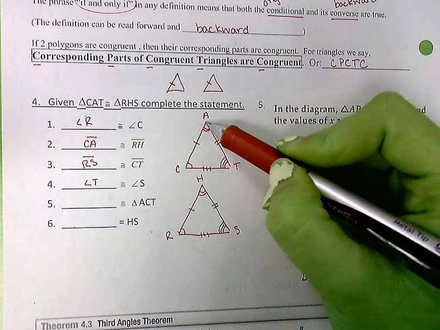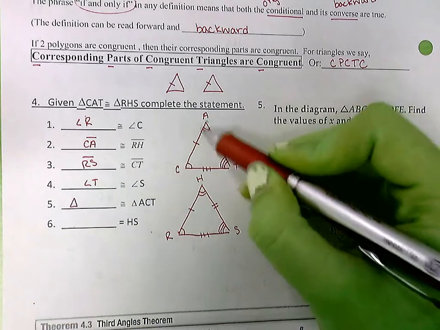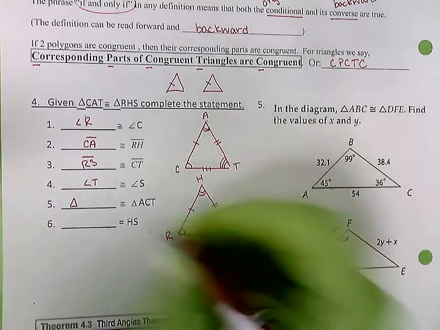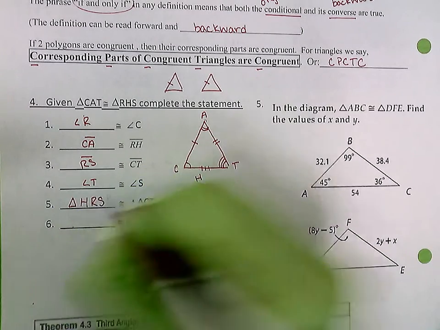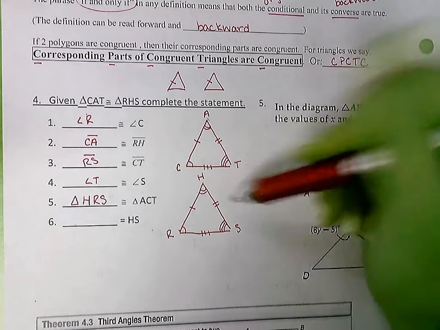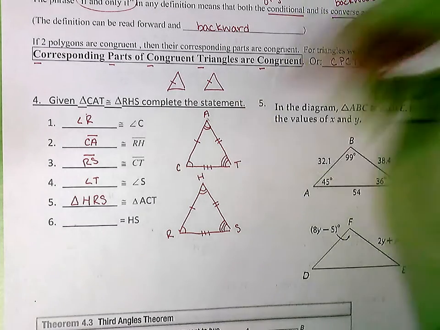I have triangle ACT. Okay, so I'm starting at A, so HRS. Last one is HS, so that would be AT.